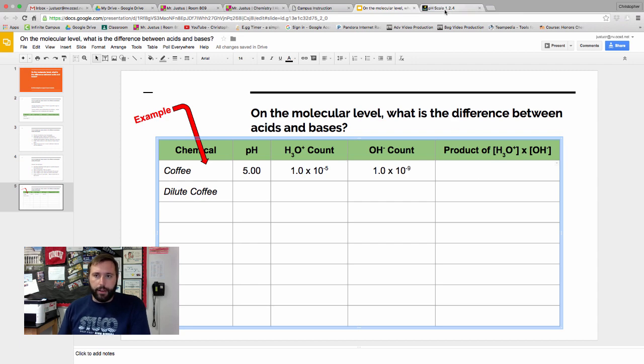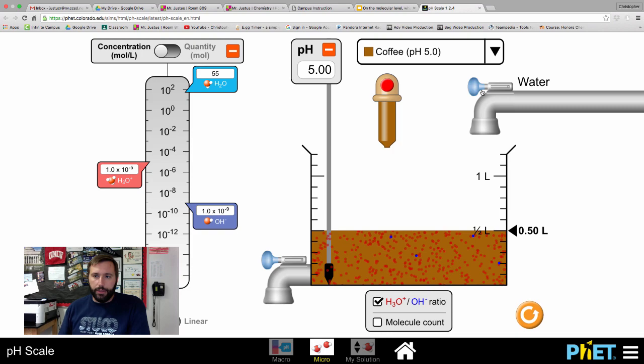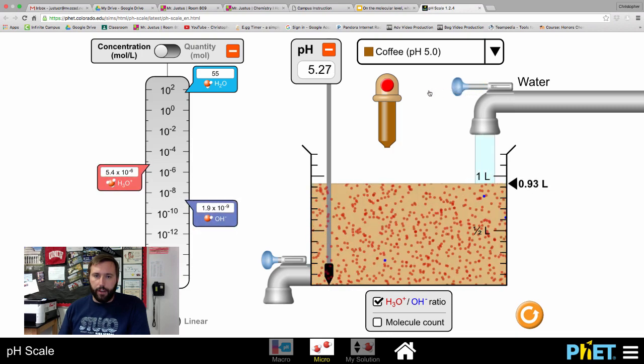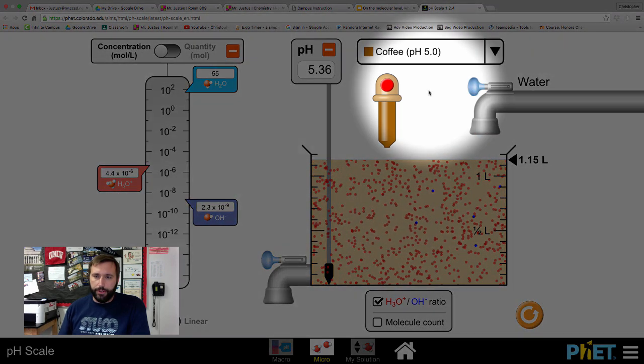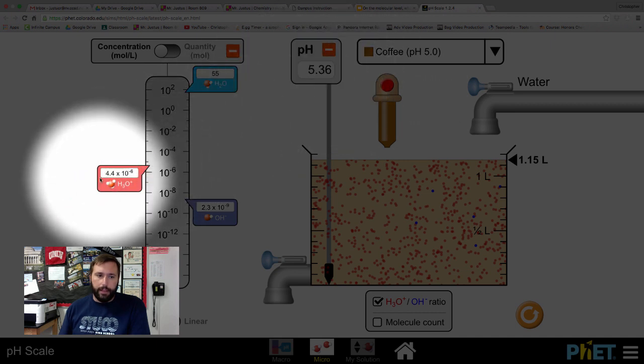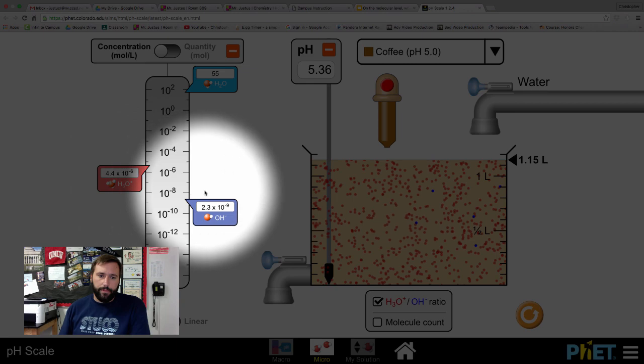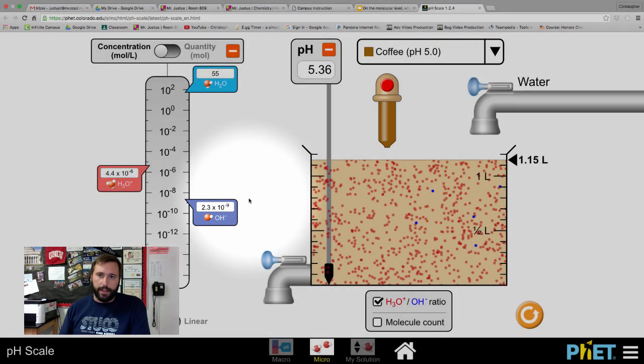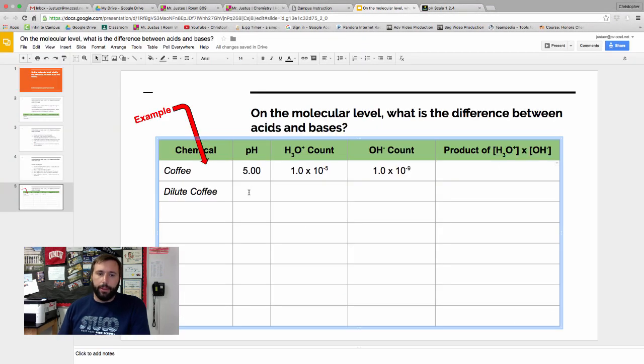The next part is to now make a dilute version of coffee or whatever chemical you chose. You're going to note the pH and the concentrations of hydronium and hydroxide and put them into your data table. The pH of dilute coffee was 5.36.